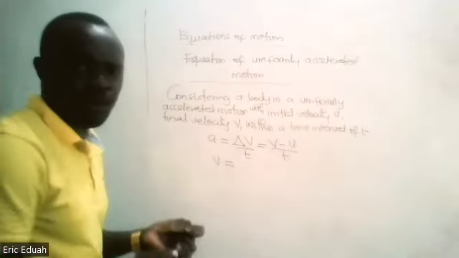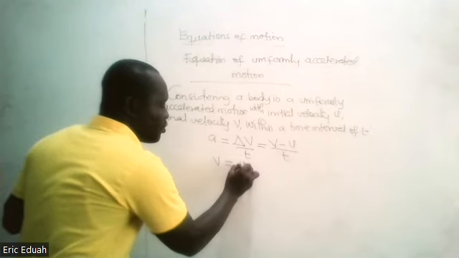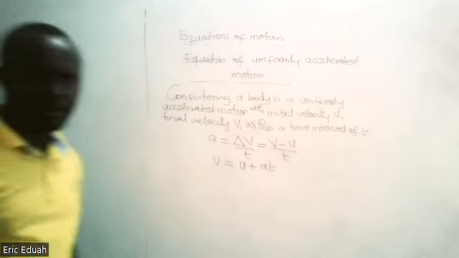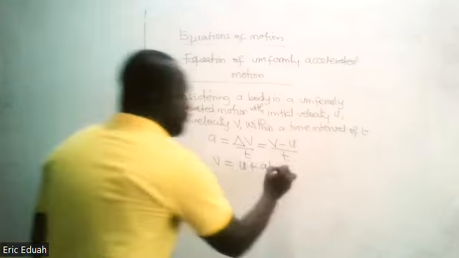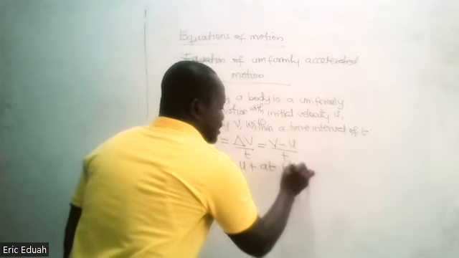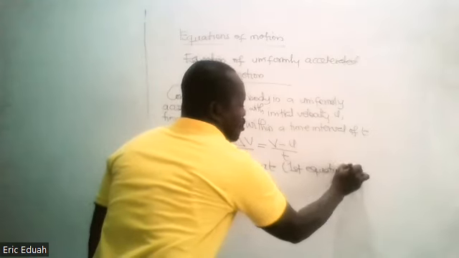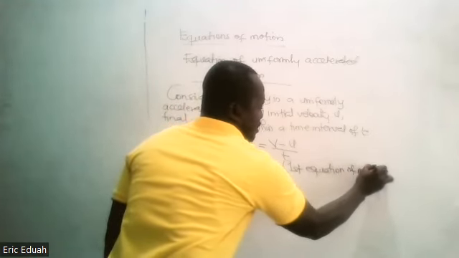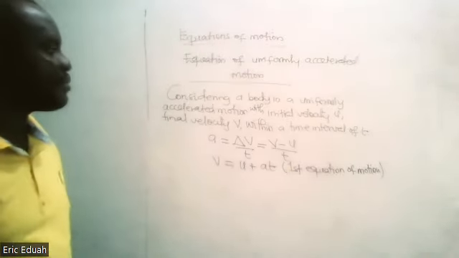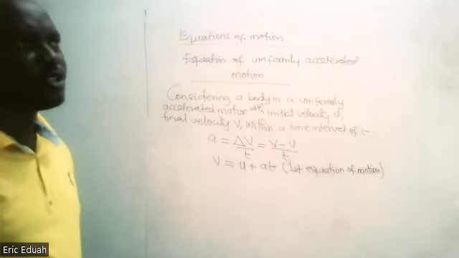So V would be equal to U plus AT. And class, this becomes the first equation of motion. That becomes the first equation of motion.